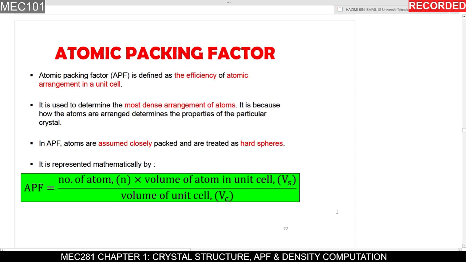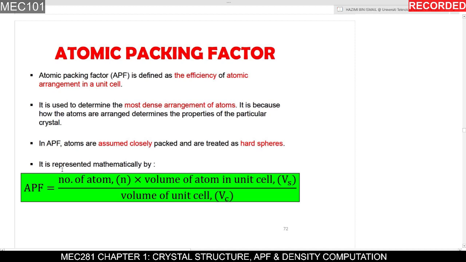It is used to determine the most dense arrangement of atoms, because how the atoms are arranged determines the properties of the particular crystal. In APF, atoms are extremely closely packed and are treated as hard spheres. It is represented mathematically by the number of atoms.